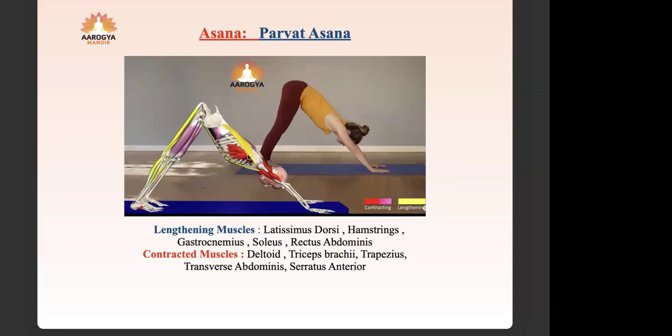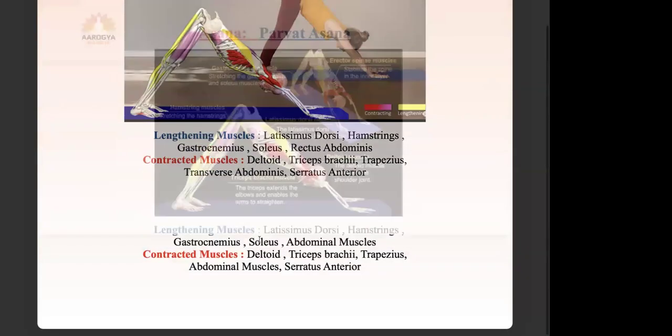So if front and back both are getting stretched, then the strength should be somewhere around the shoulders. If you don't keep the strength over here, you will never find stretch in the front. You may find stretch at the low back, but you may not find the stretch at the front.